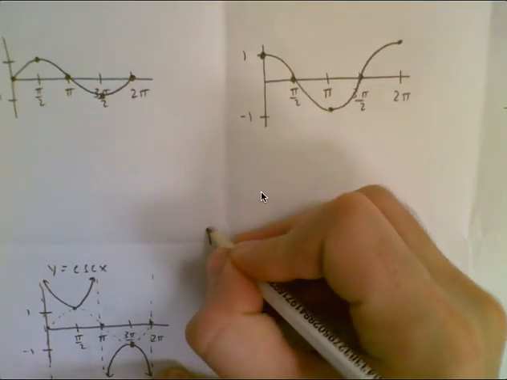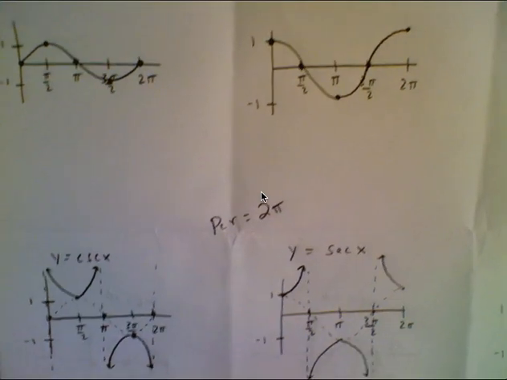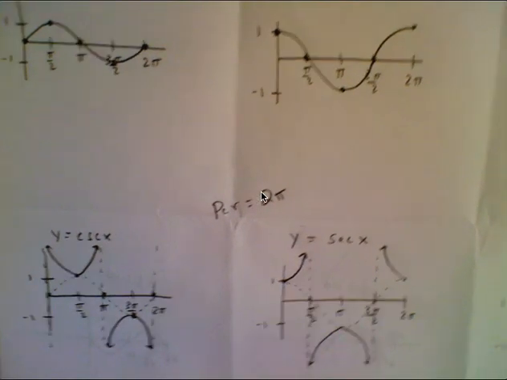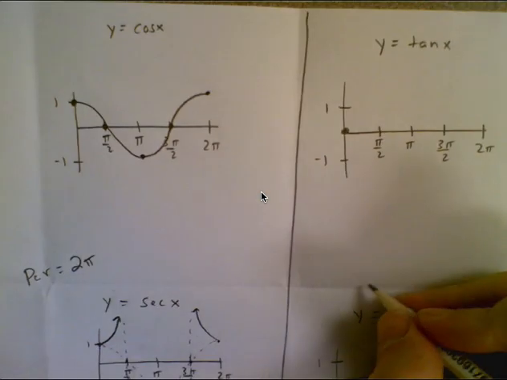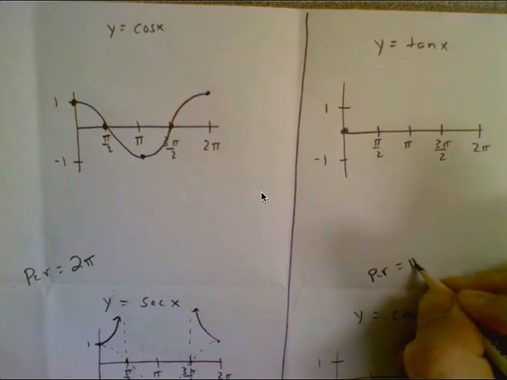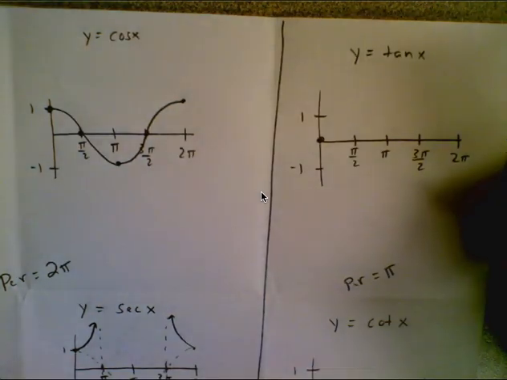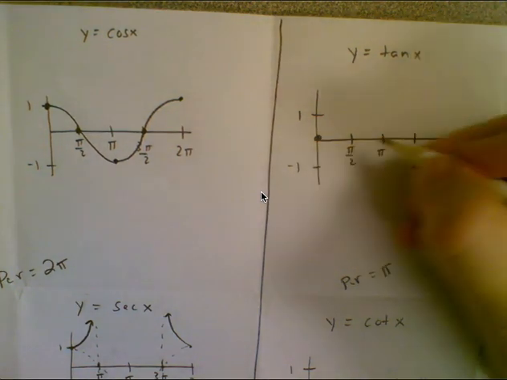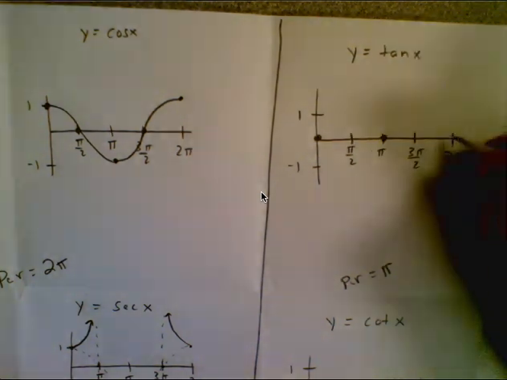For all 4 of the other graphs over here, the default period is 2 pi. For tangent, I'll draw a line right here, its default period is pi. So starting from this point, if we were to move pi away from there, we would find that exact same point again. And if we moved pi away again, we'd find another point.